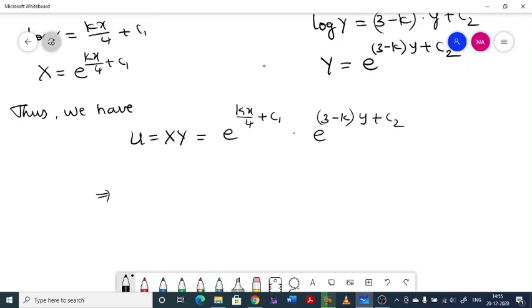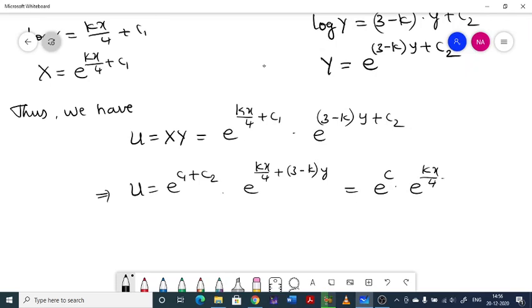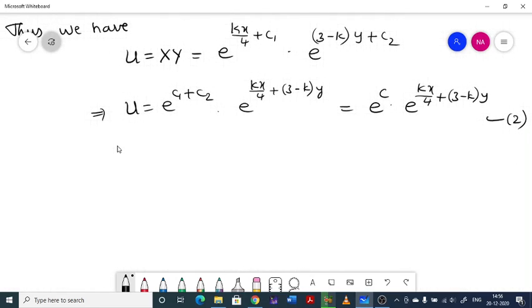So that implies u equal to e power, separate the constants first, c1 plus c2 into e power kx by 4 plus 3 minus k into y, or this will be e power c into e power kx by 4 plus 3 minus k into y. Call this as 2. Now let us use the given condition.